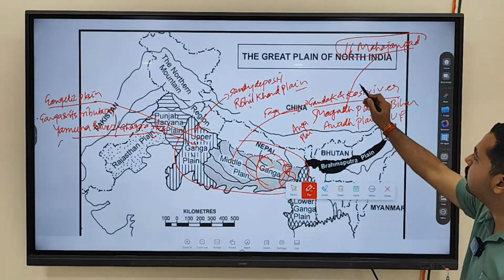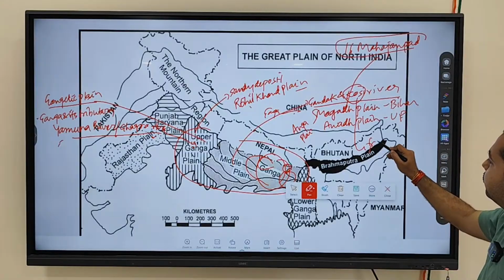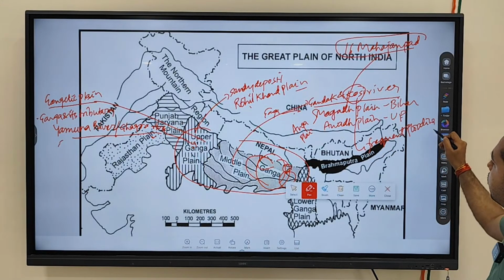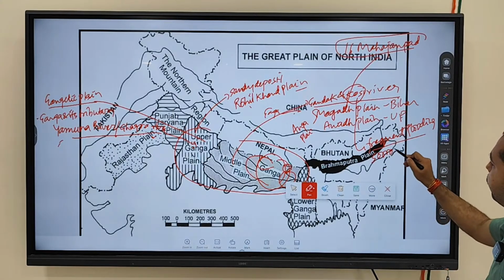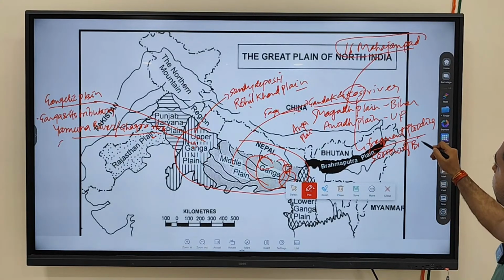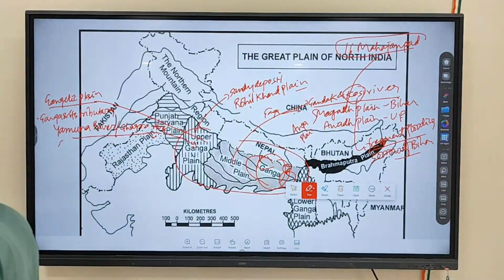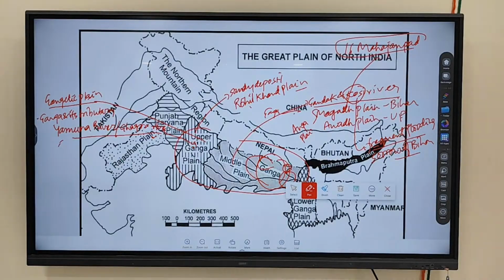Kosi is known for what? Kosi is known for frequent flooding. That's why it is also referred to as the Sorrow of Bihar. But it deposits new sediments. Which kind of sediments? New sediments. Fine.